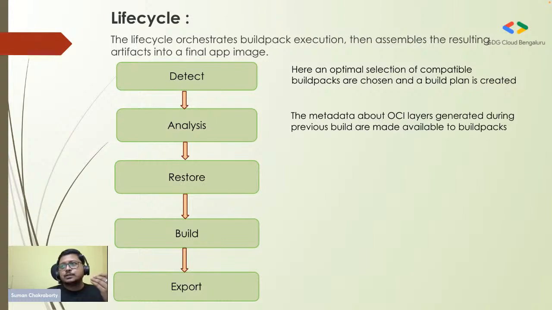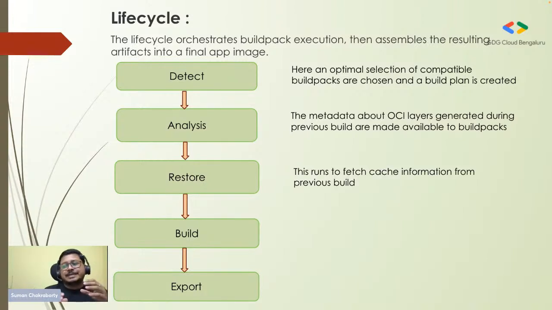Second is analysis, where the metadata about the OCI layers is generated and made available to the build workflow. If you have already run a build earlier, it tries to fetch certain metadata from the executed build and apply it in the current build workflow.